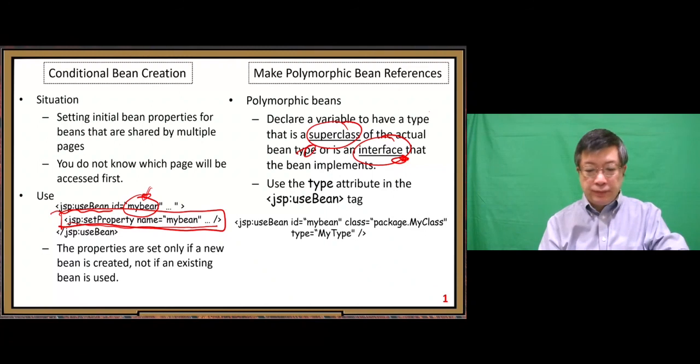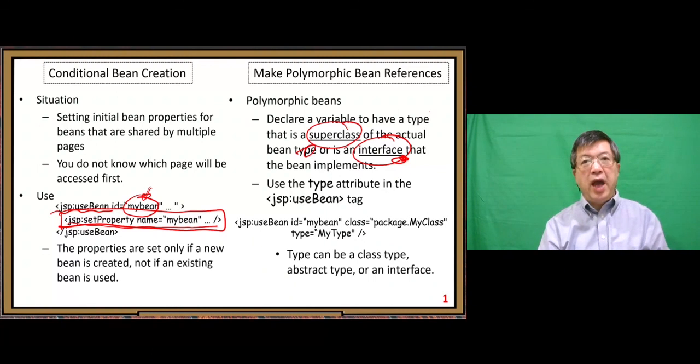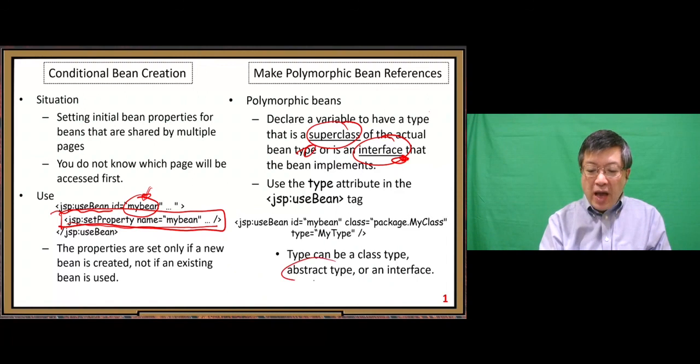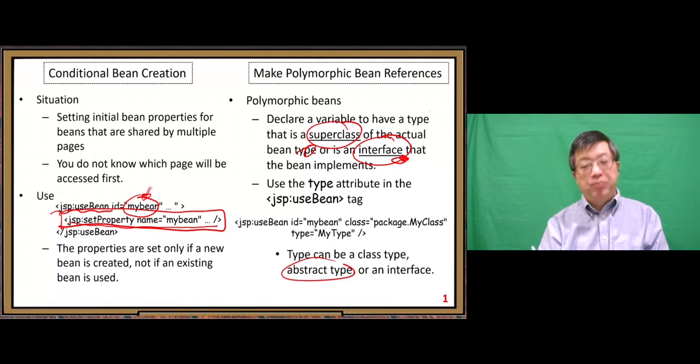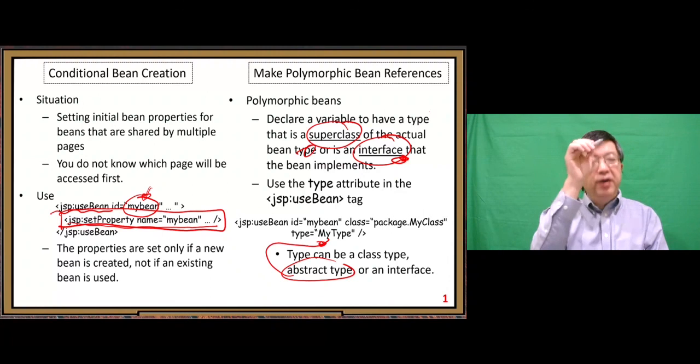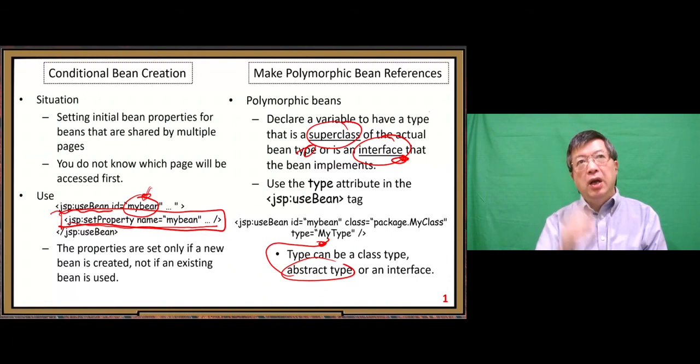All right. So at the end, that type of class can be an abstract type. Other than a superclass or interface, there is another special situation we can put here in the type attribute: an abstract class. I hope you know this concept, abstract class.